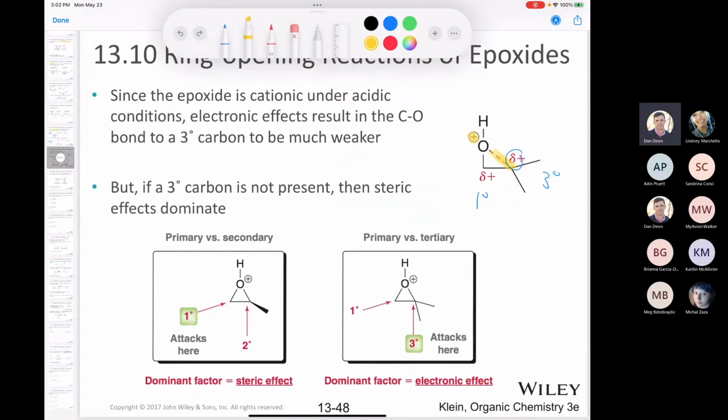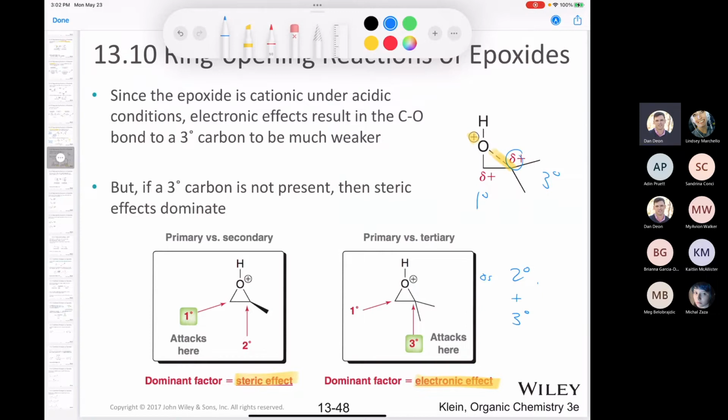If you have a primary and a secondary, the dominant effect is going to be sterics. But if you have a primary and a tertiary, and we'll put in here, or a secondary and a tertiary, either way, whenever you have a tertiary carbon, electronic effects are going to dominate. End of story. And that's it. So that's pretty interesting when you think about it.